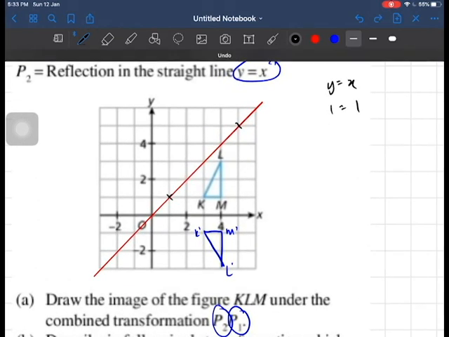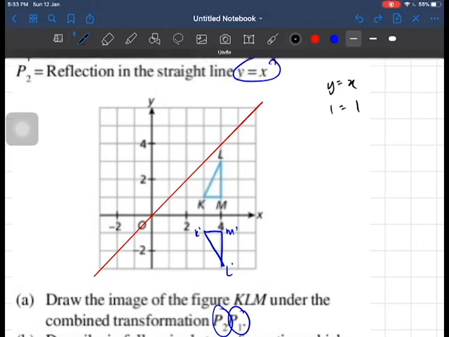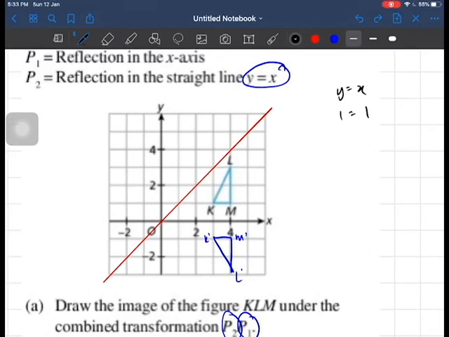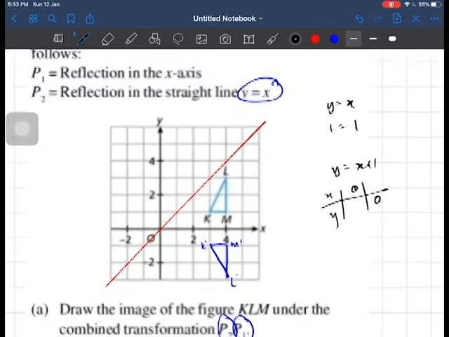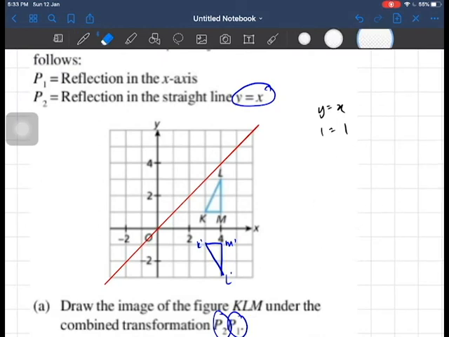That's how you know which line it is. If it's like y equals to x plus 1, you can just plot it by subbing in values for x and y, and then you can determine the reflection. Okay, let's get back to this.